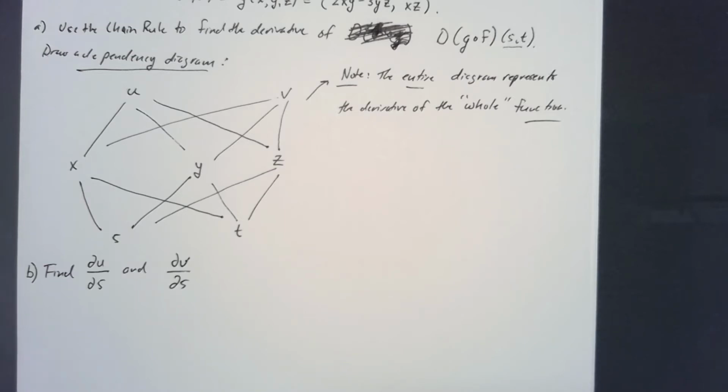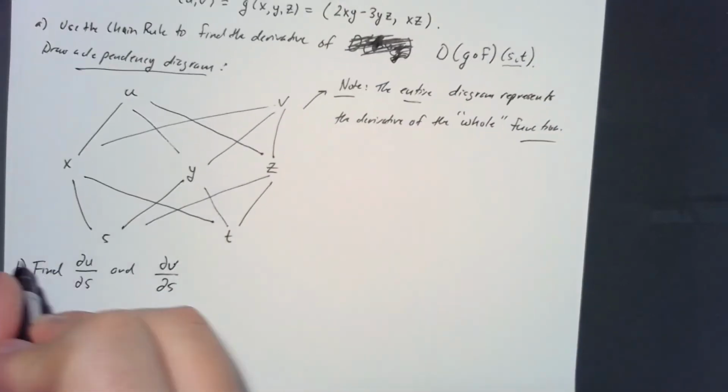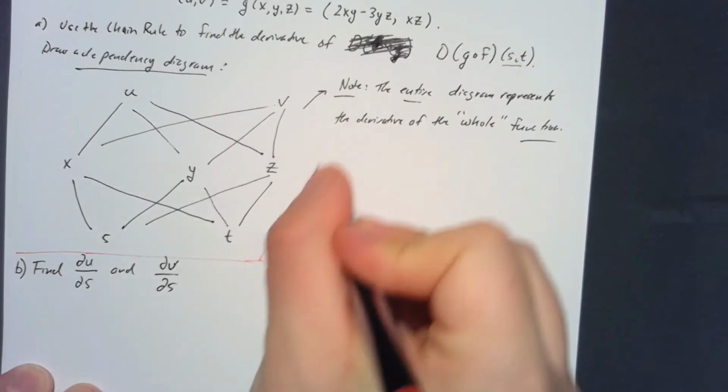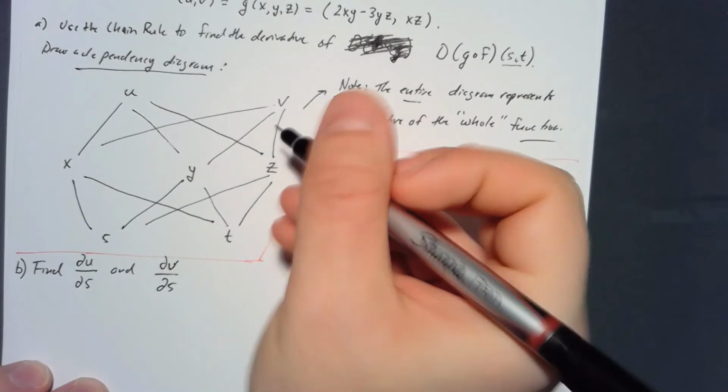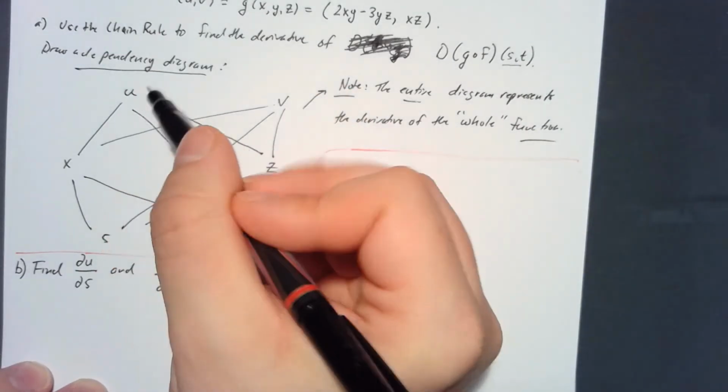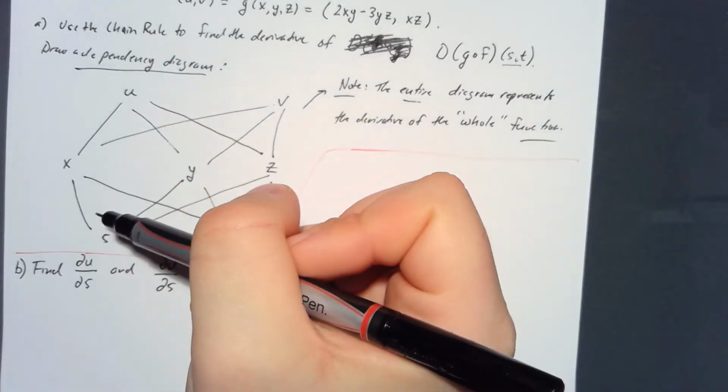So if I want to get du/ds, I'm just looking from u at all the branches from u to s.